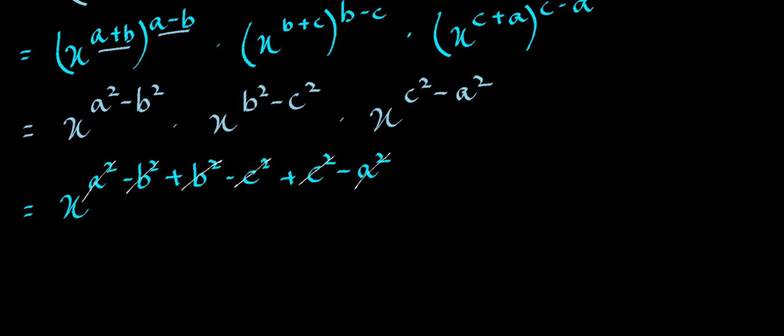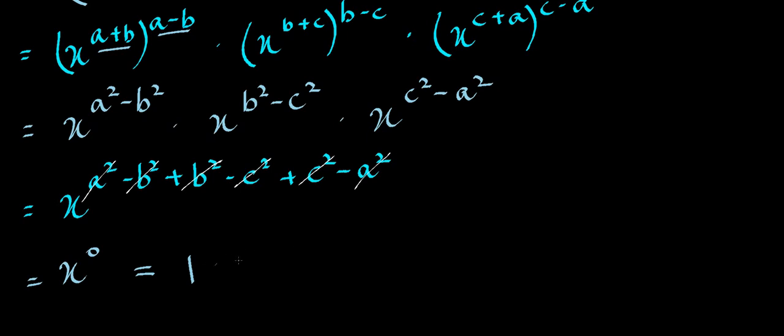That has become x raised to 0, which ultimately leads to the power of 1. Any number raised to the power of 0 is equal to 1. So here is our answer.